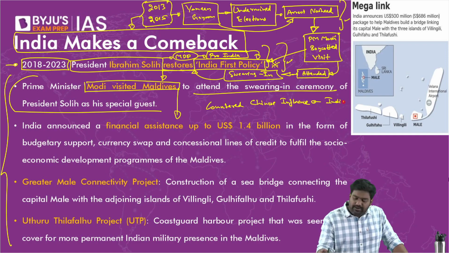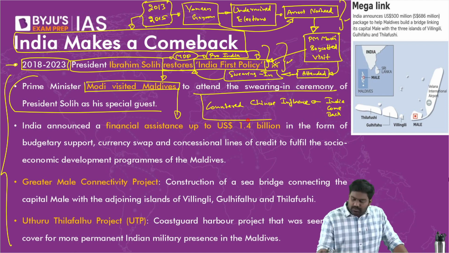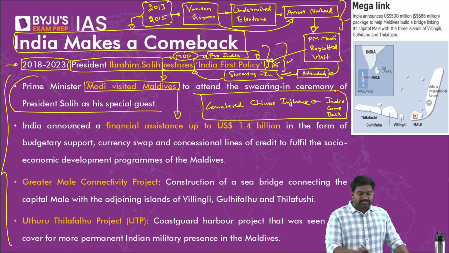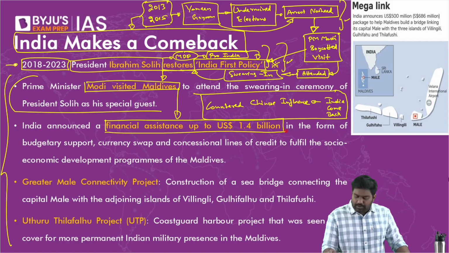And India made a comeback to retain its influence and protect its interests. In the last 5 years, we have announced financial assistance of not just 1.4, but close to $2.6 billion.